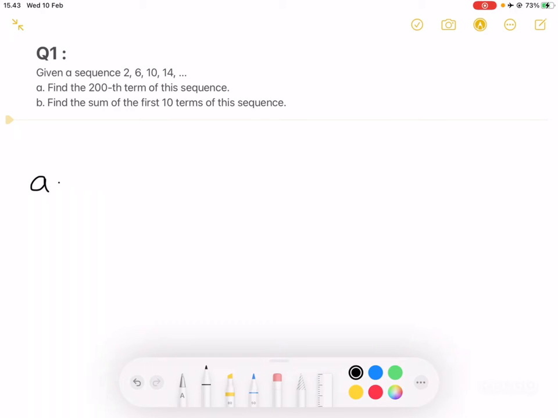Part A, first we need to find the general formula for the nth term. So Tn, we know that it is equal to a plus n minus 1 times d. And we know d is 4 because we add 4 to get the next term. So we get from 2 to 6 by adding 4.